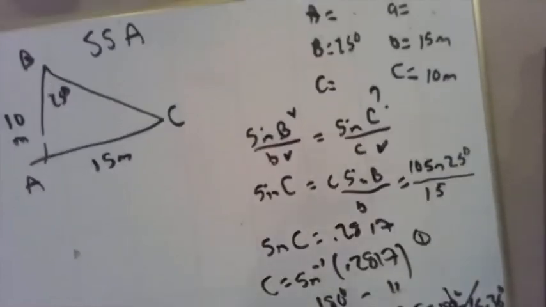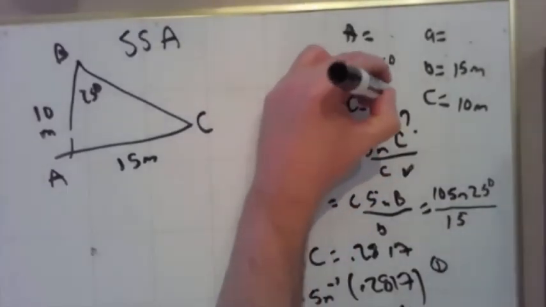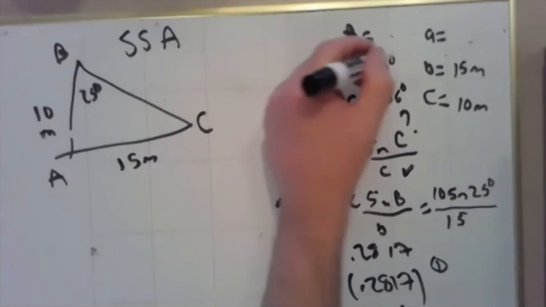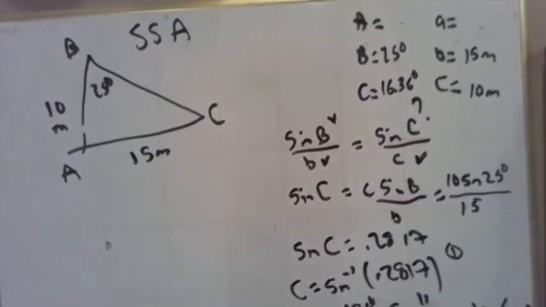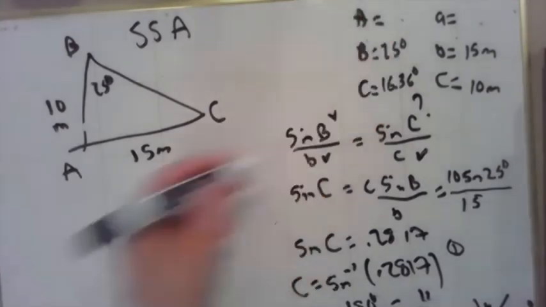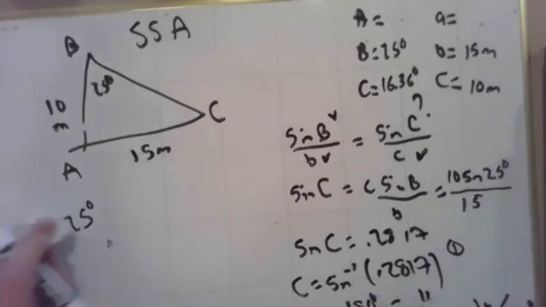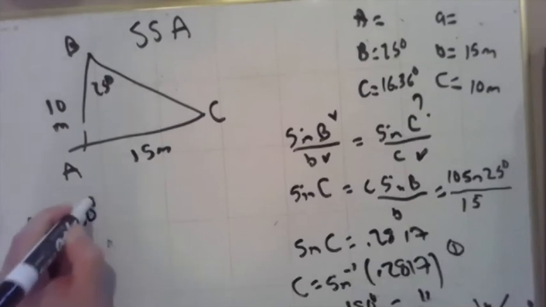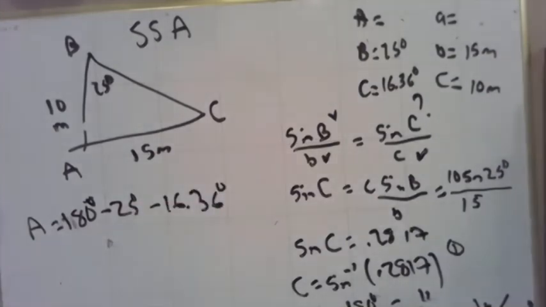So let's put that in our table, 16.36 degrees. If you forget the degree symbol in these, I'm going to take a point off. That's a unit. All right, now we got to find our A's. So first off, these three still have to add up to 180. So A is 180 minus 25 minus 16.36.